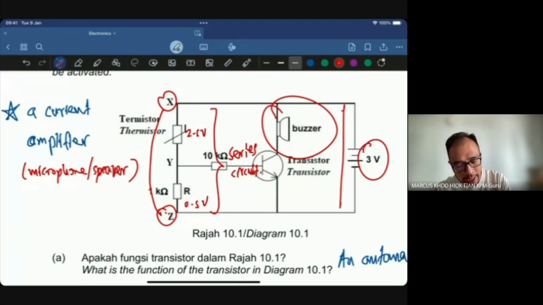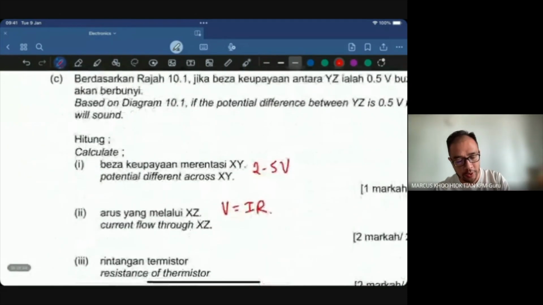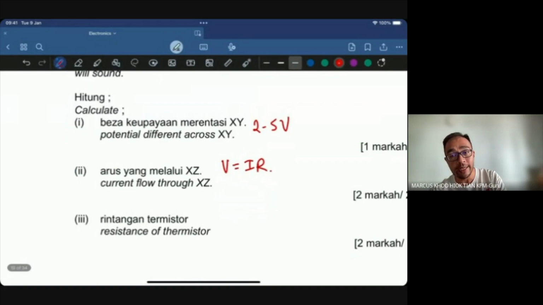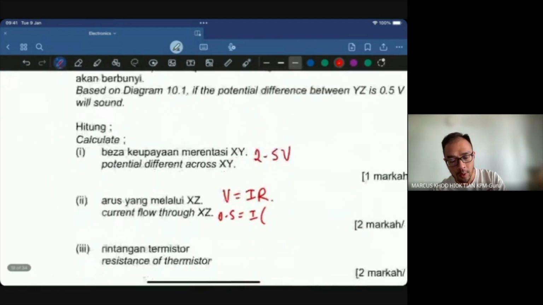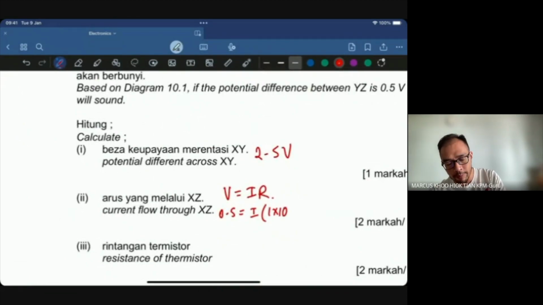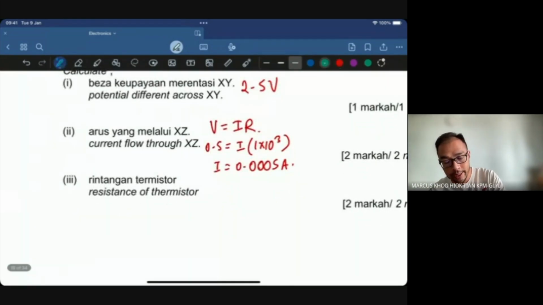That means if you calculate the current for the resistor over here, it's the same as the total current, because the current is the same. So the current flowing through XZ is essentially, the voltage is 0.5, the resistance is 1 kilo ohm, which is 1 times 10 to the power of 3. So the current is 0.0005 amps. You can write this as a side note over here.